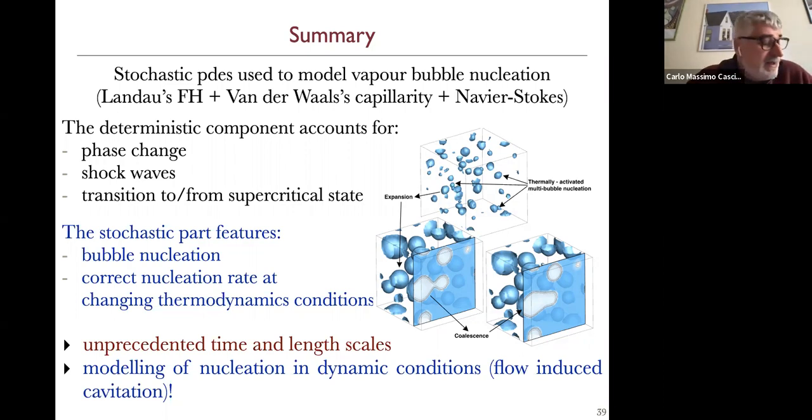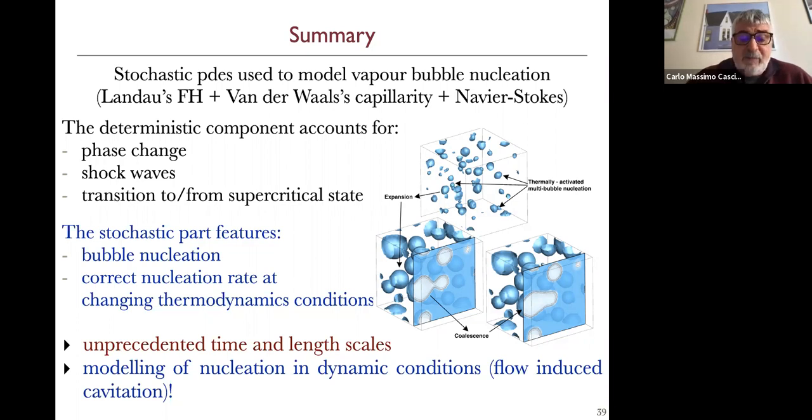At present, we are running coupled simulations of this system together with an elastoplastic model for the solid wall, in order to simulate the damage that this impinging high-speed jet has on the solid wall. This has concerned the deterministic component of the system.